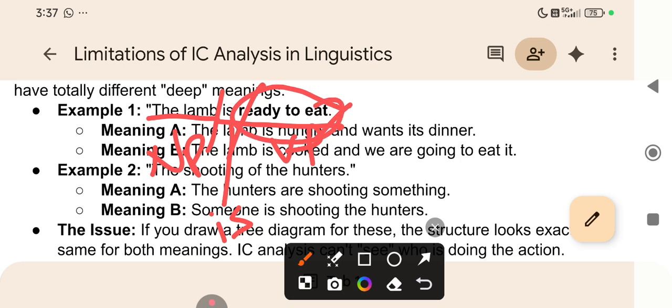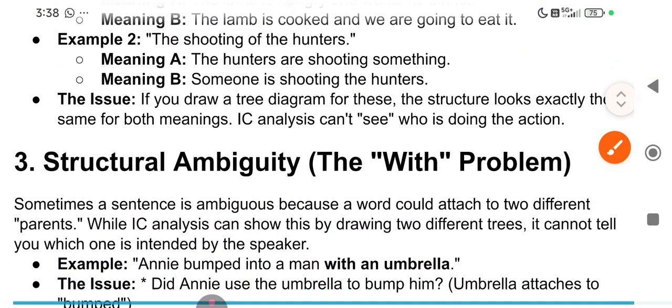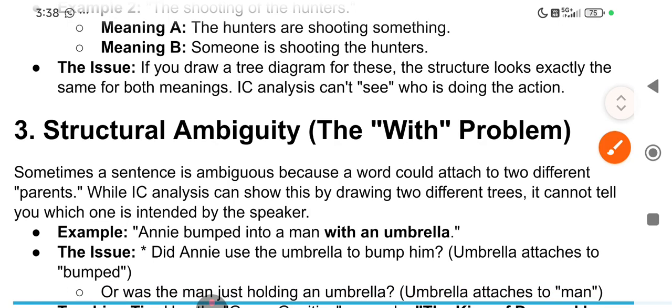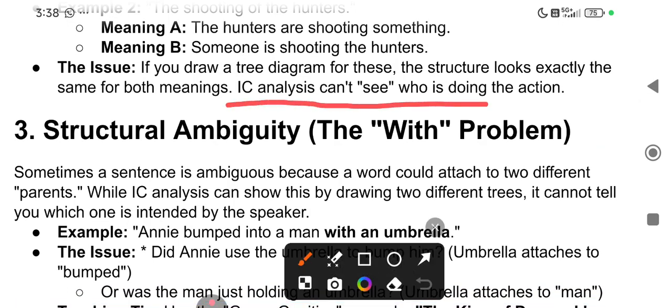Ready is an adjective, and to eat a verb phrase. So the meaning is not clear through this analysis. That's a big challenge, and that is why they say IC analysis cannot see who is doing the action.